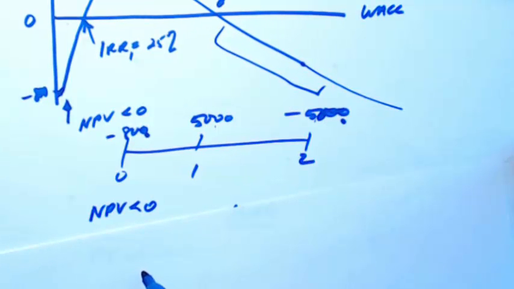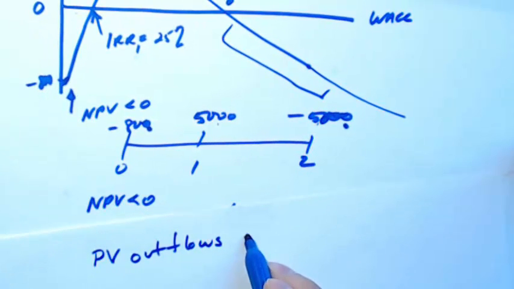This time, when we have non-normal cash flows, we're going to compute the modified internal rate of return by taking the present value of the outflows, discounted at 10%, the weighted average cost of capital.